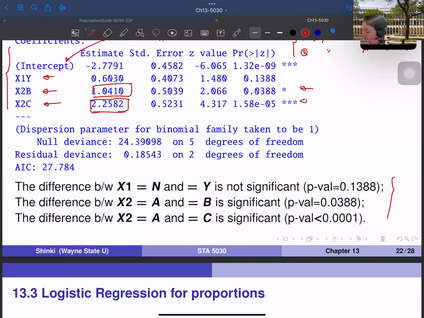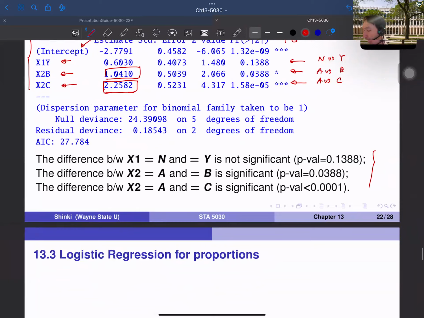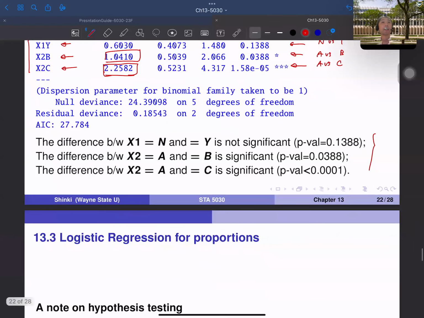That means a versus b is significant, and also a versus c is significant. But n versus y is not significant. You can interpret it in this way.